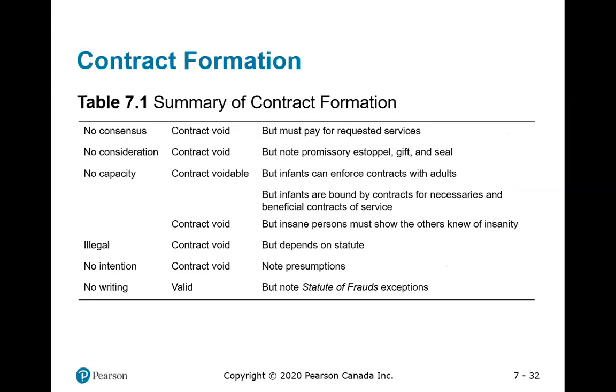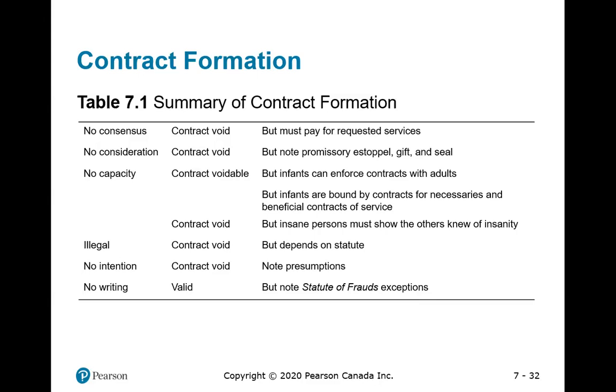So this is a summary of contract formation. You will remember that if there's no consensus, there's no contract. Contract is void. No consideration, no contract. No capacity, sometimes there's no contract, void, such as insane, intoxication, but for infants, for example, the contract is voidable, not void.